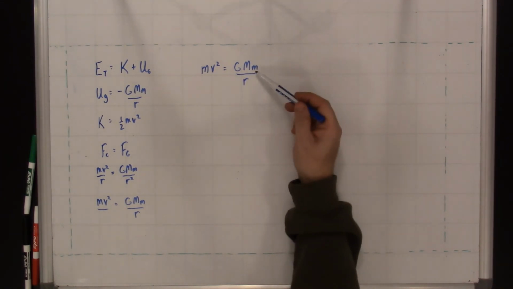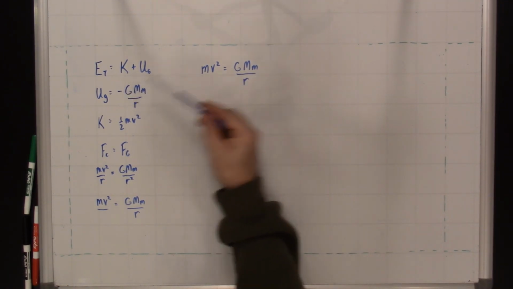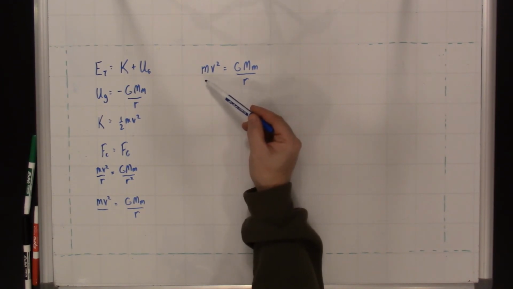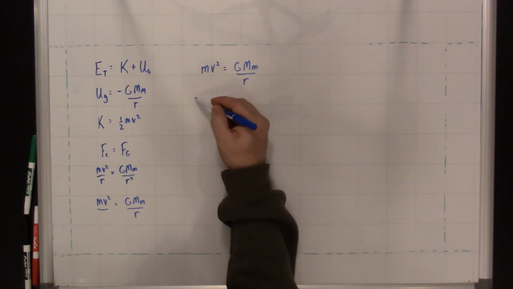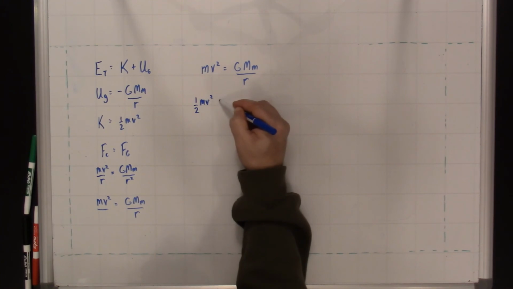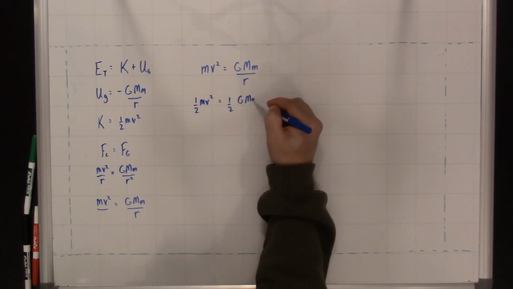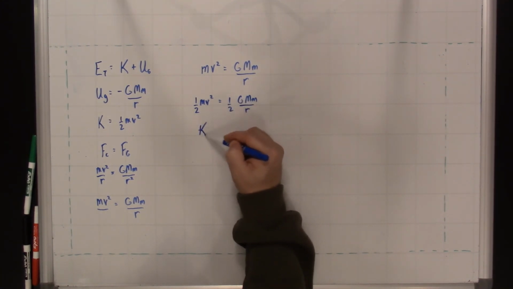So this looks very similar to the gravitational potential energy equation, except this one's positive, this one's negative. And this looks like 1/2 mv squared, except you need a half. So what we're going to do here is divide both sides by 2, or put a half out in front. And we end up with 1/2 mv squared is equal to 1/2 GMm over r. This left side is the kinetic energy.